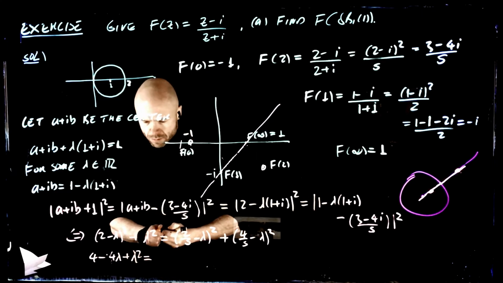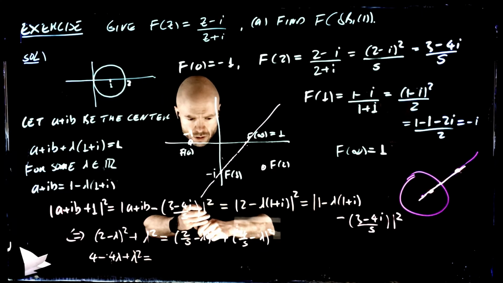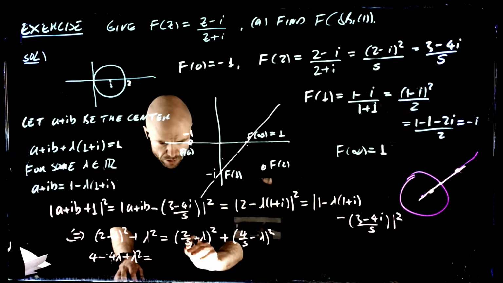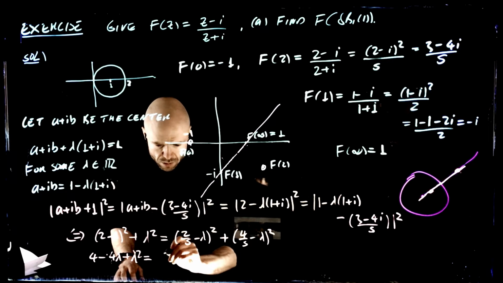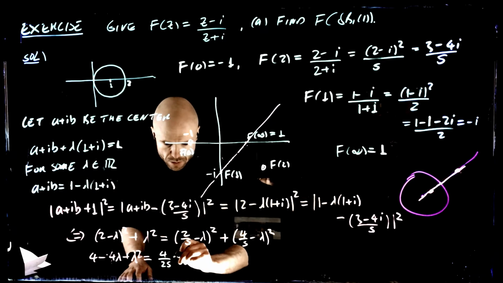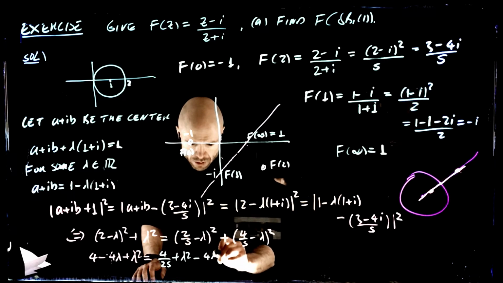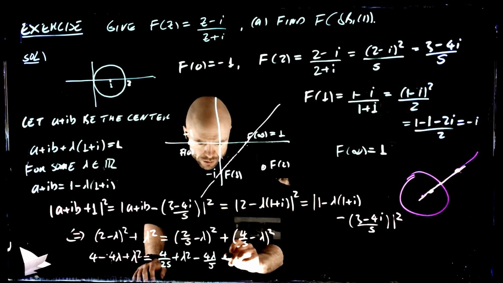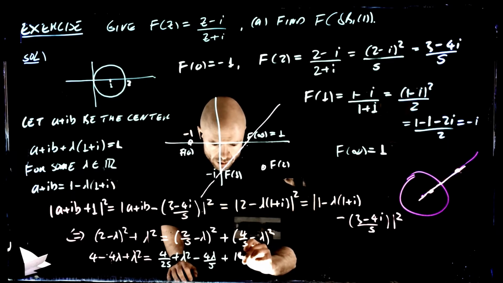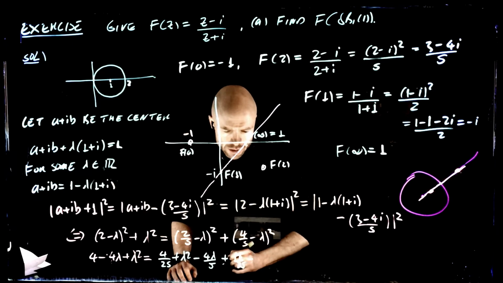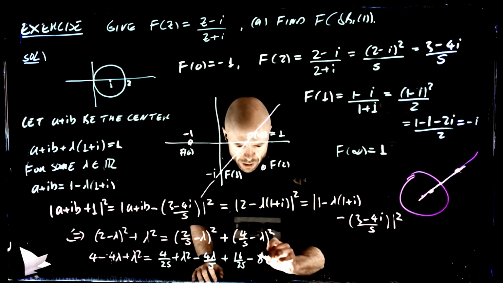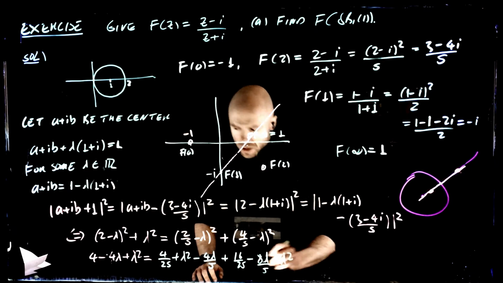And expanding this thing out, we are going to get 4 over 25 plus lambda squared minus 4 lambda over 5 plus 16 over 25 minus 8 lambda over 5 plus lambda squared.